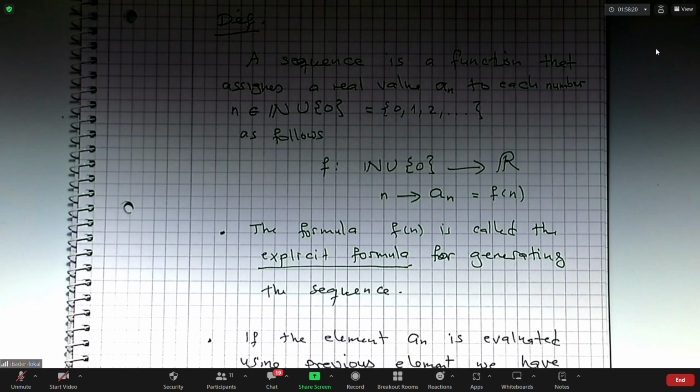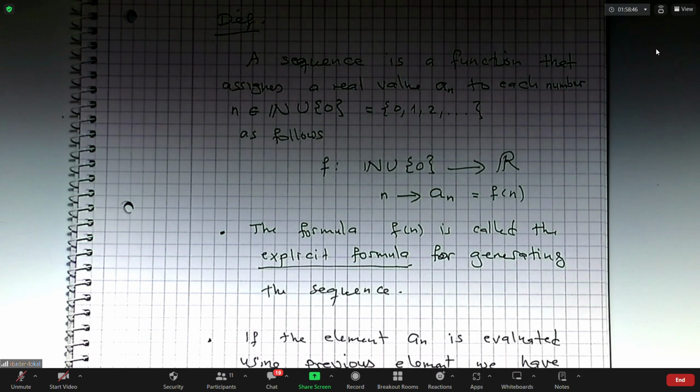Because if I assume that the first element is A sub 1, then that means the fifth element will be A5. However, if I assume that the first element is A sub 0, then the fifth element will be A4. Okay? So it's just an agreement, but it will affect evaluating the element.